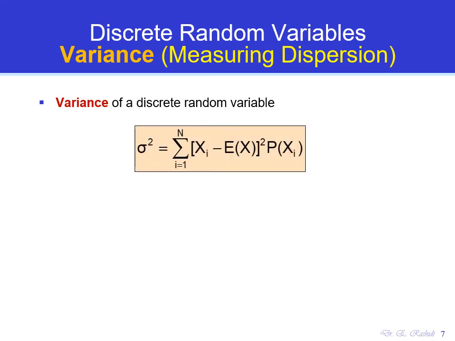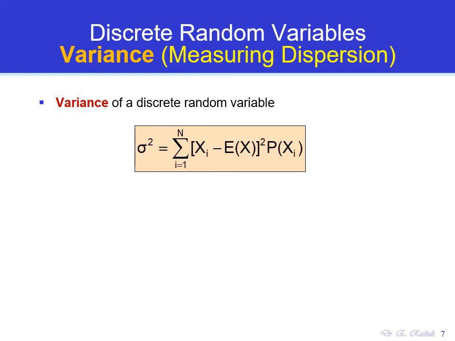Sigma squared, which is the variance for a population, is equal to the summation of these multiplications. First, for each value that variable x might take, we find the difference between that and the expected value, then we square it, and then we multiply it by the probability that the random variable gets that value. Then we sum them up for all the values that we have.